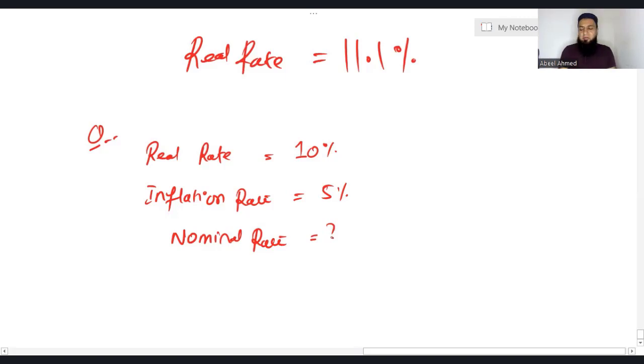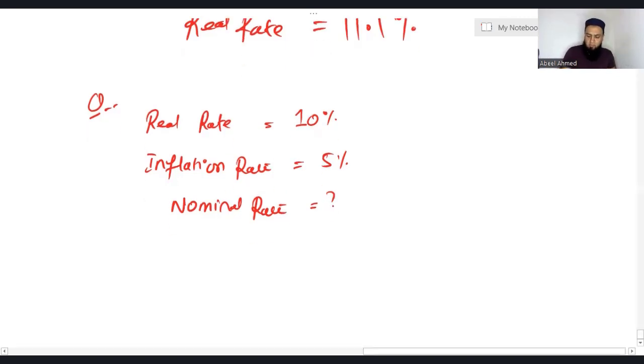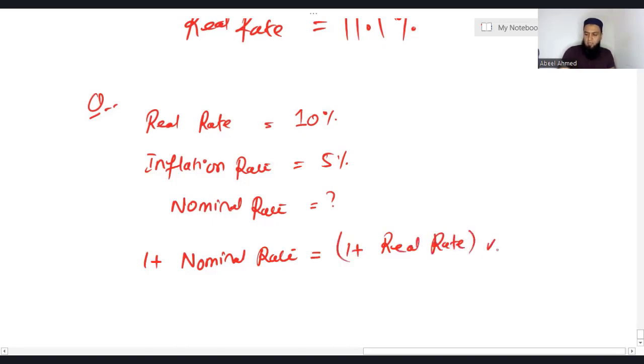By using Fisher effect, we can easily convert real rate to the nominal or nominal to the real by using a formula. The formula is: 1 plus nominal rate is equal to 1 plus real rate into 1 plus inflation rate.